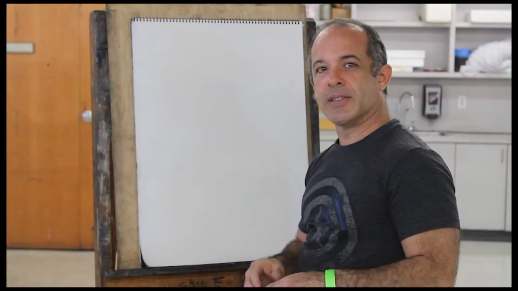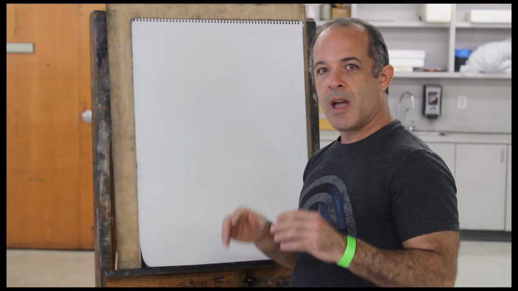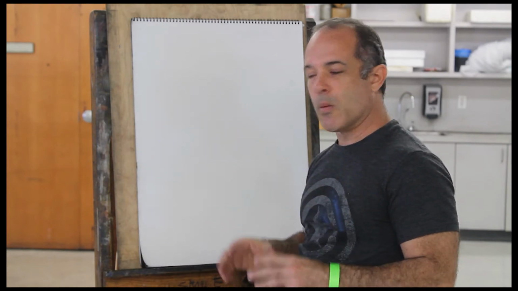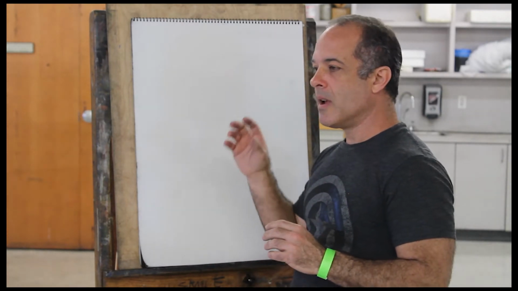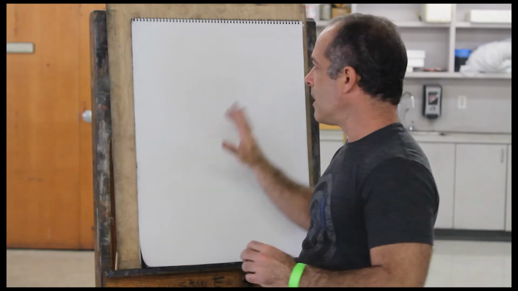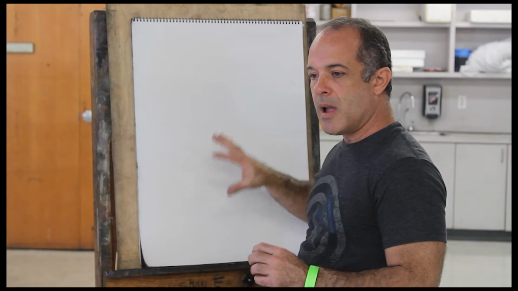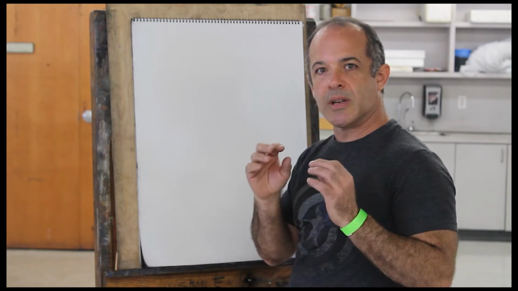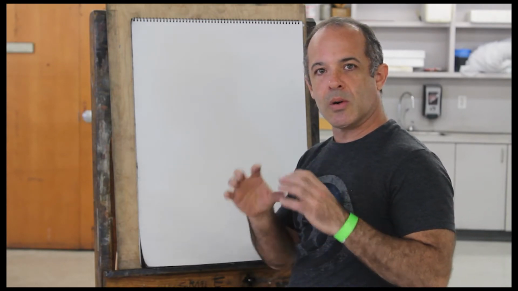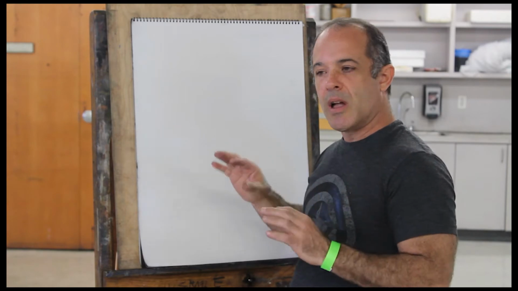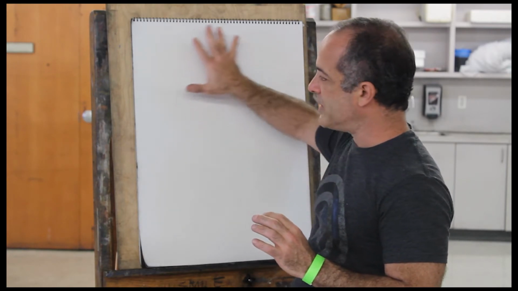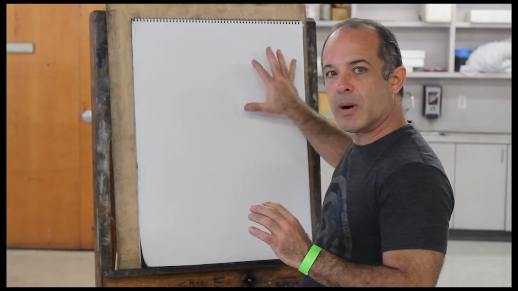So our first lesson is going to be how we start the drawing. And we're going to look at a few components that have to do with getting a gesture on our paper. And a gesture is a simple sketch or a basic sketch that allows us to present our subject matter onto our paper.